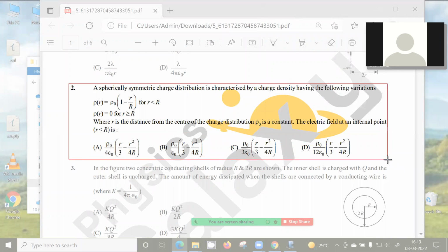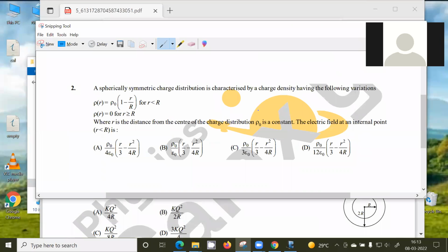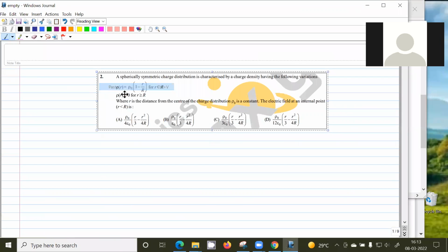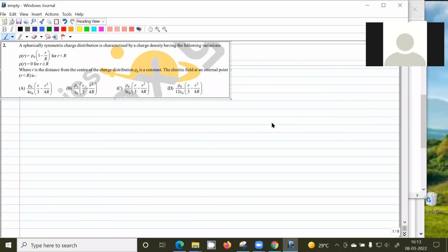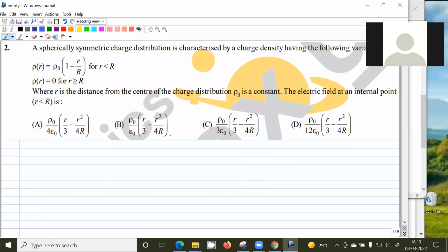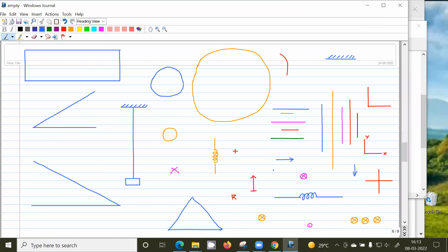Okay, a charged sphere is present inside the uncharged sphere. Am I right, sir? Exactly. Then the charge density is 0, no, sir? It's outside.